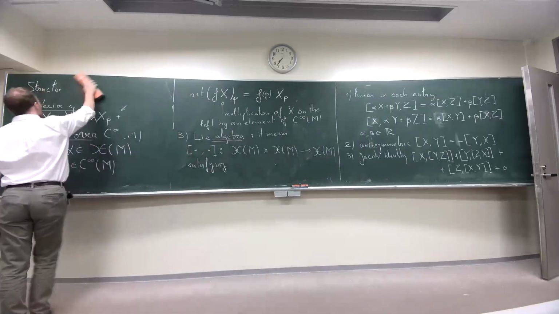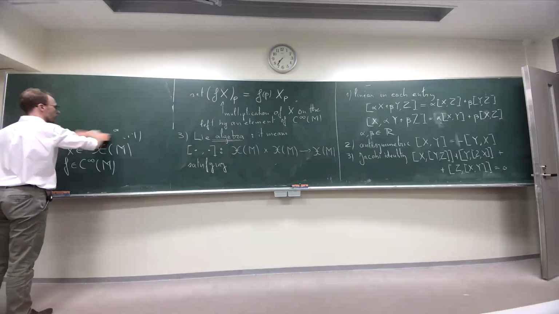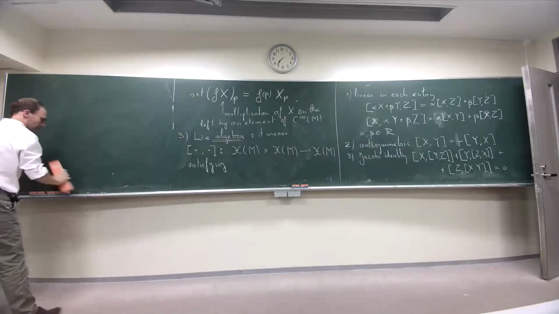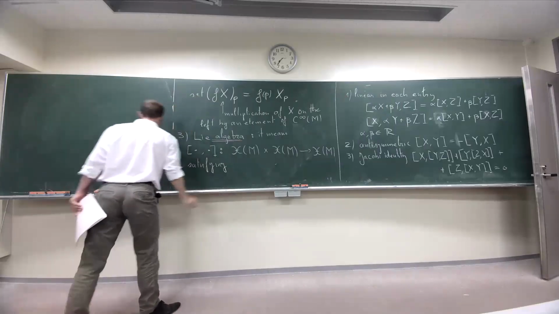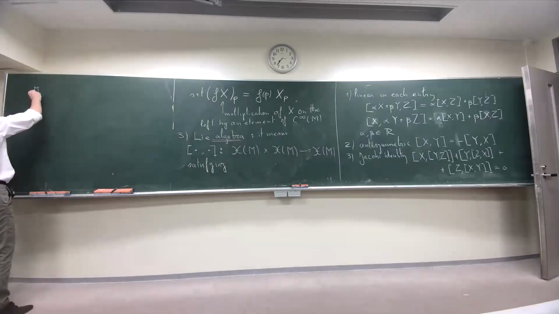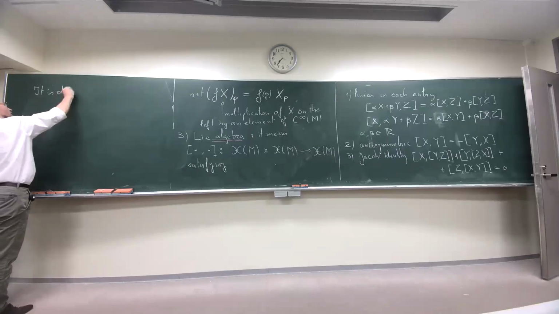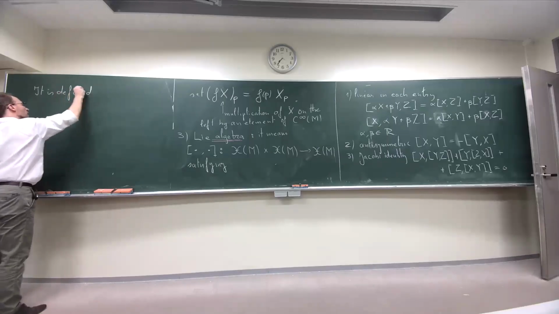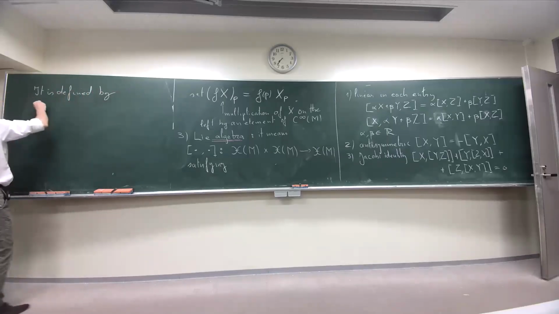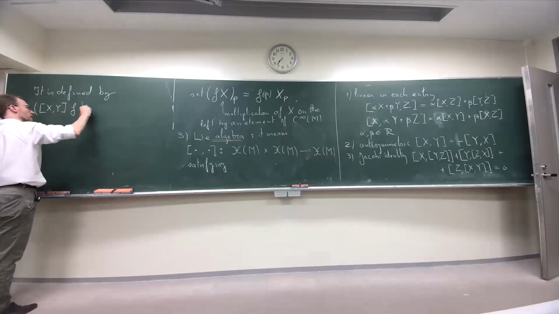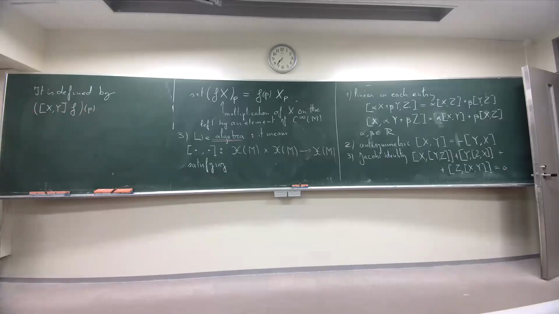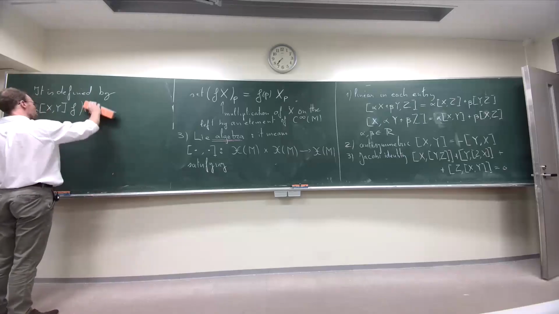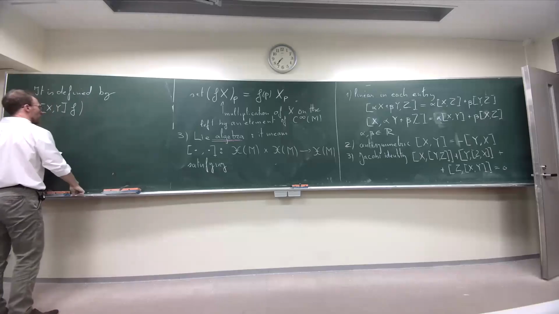How is it defined? I just gave you the abstract structure. I need to tell you how to define this. It is defined by [X, Y]_p applied to f, evaluated at p. Or maybe I should not write evaluated at p like this.